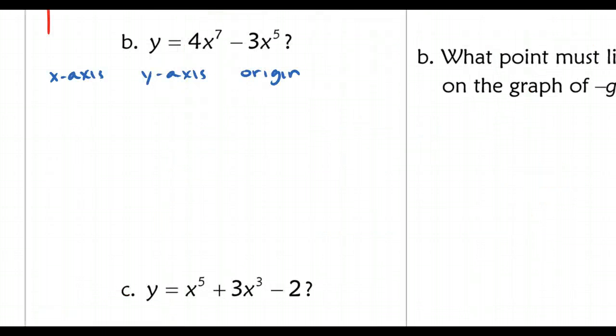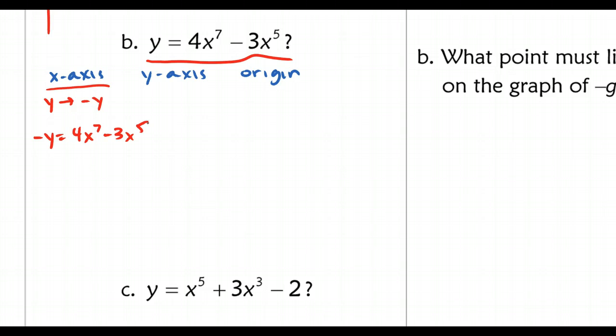Okay, in problem B here, we want to again check to see if it's symmetric with respect to the x-axis, y-axis, or the origin. So I kind of changed the order here, but for the x-axis, I want to check if I replace y with negative y in my equation, do I get the exact same equation? So if I do that, plugging it into here, I have negative y equals 4x to the 7th minus 3x to the 5th.